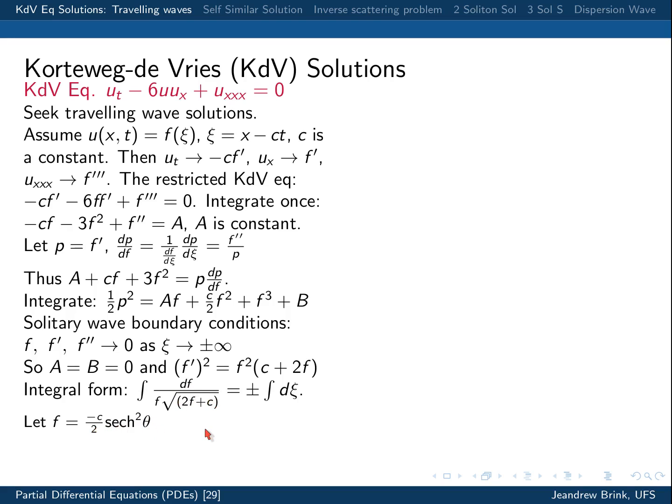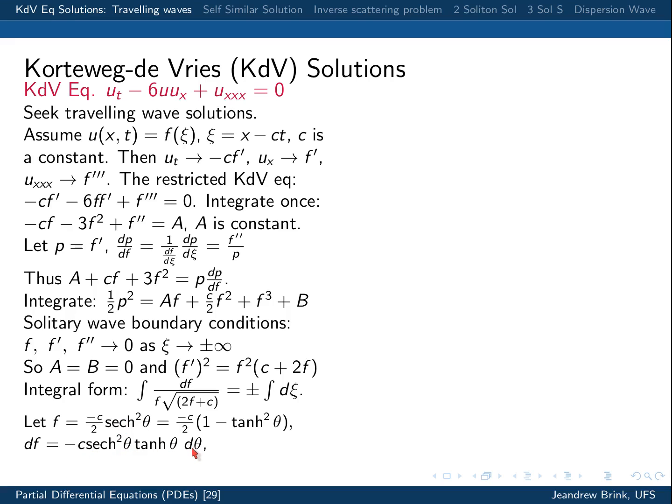To do that we simply need the identity that this is equal to minus c over 2 times 1 minus tan squared, and that will make a square in the square root. And we have that df is equal to minus c over 2 times sec times the derivative of sec of theta, which is just sec tan d theta.